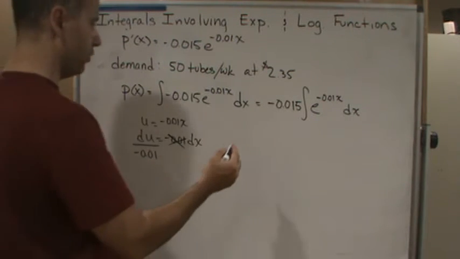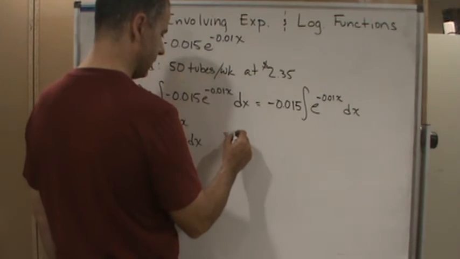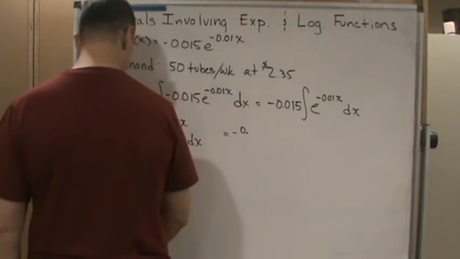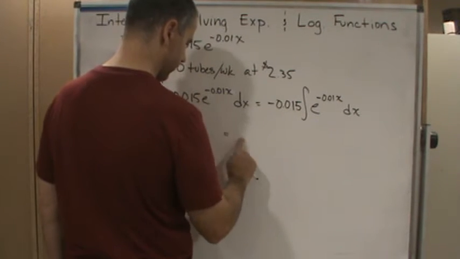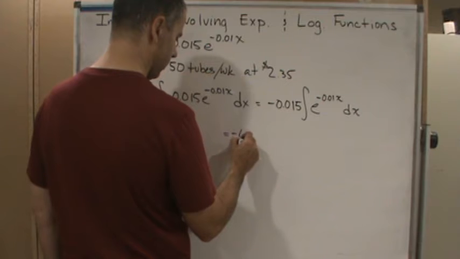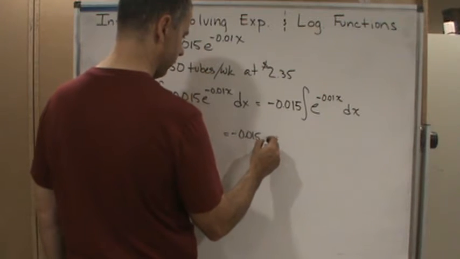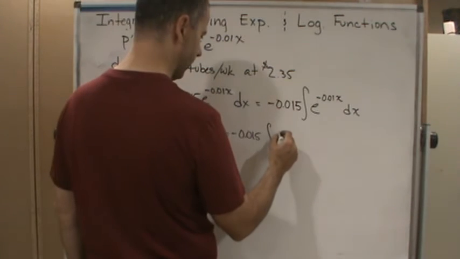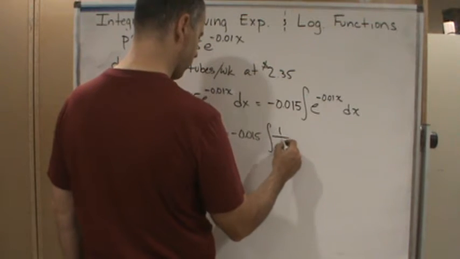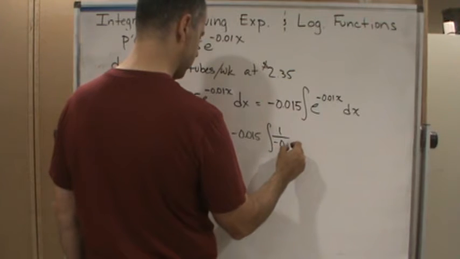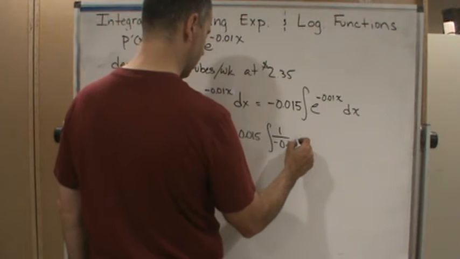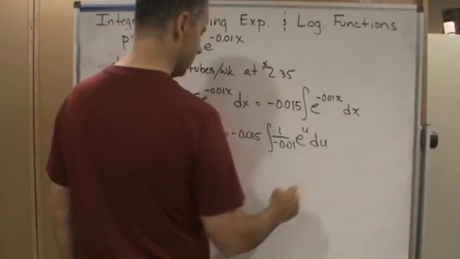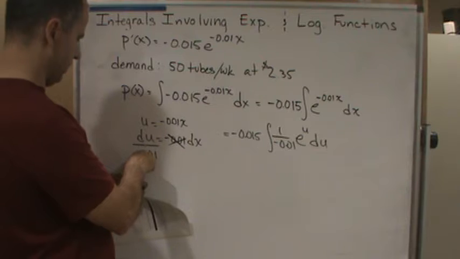Now if I do the u substitution, what do I get? I get negative 0.015 times the integral, and now with my u substitution, I get 1 over negative 0.01 e to the u du.